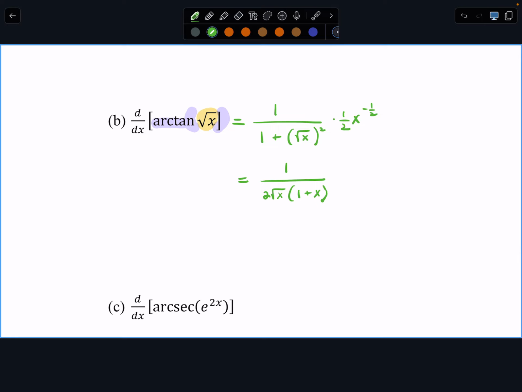One common mistake, and I think it's because of the way the chapters go, since we're still in the same chapter as exponential and log functions, a really common mistake that I'll see is people say, oh, I can plug. It's not a logarithm. Don't try and plug arctan.